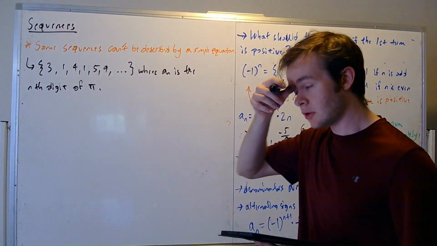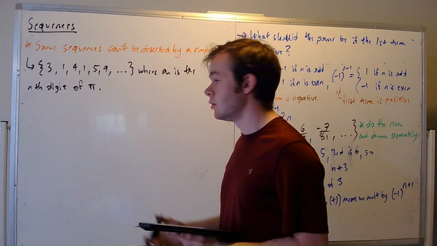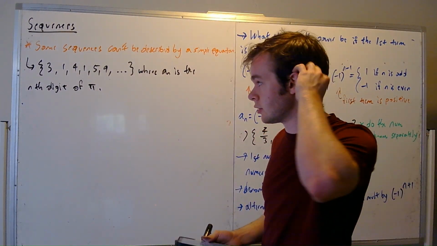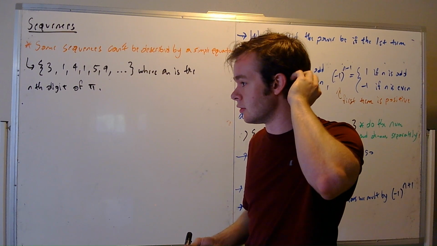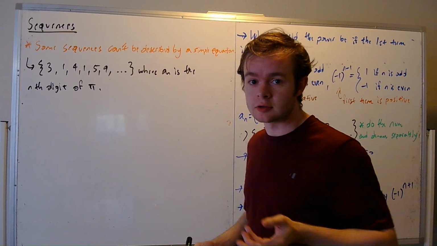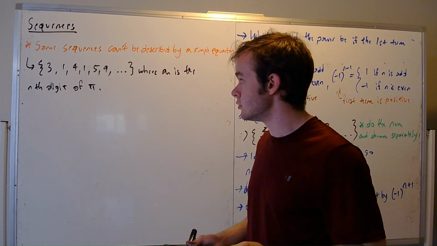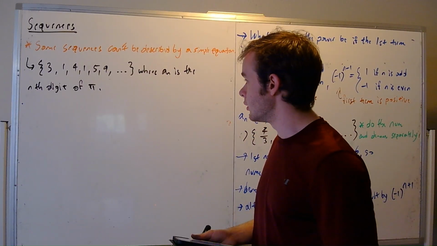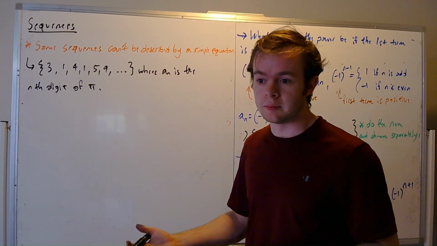If we just write out the digits of pi, we don't have a nice formula to figure out the digits of pi, right? If we did, then that would actually be pretty nice, but we have to use supercomputers to figure out what the next number of pi should be, right?